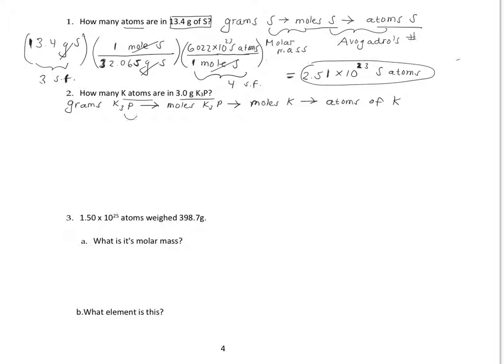To go from grams to moles, we use molar mass. To go from moles of K3P to moles of K, we're going to use our mole to mole ratio.